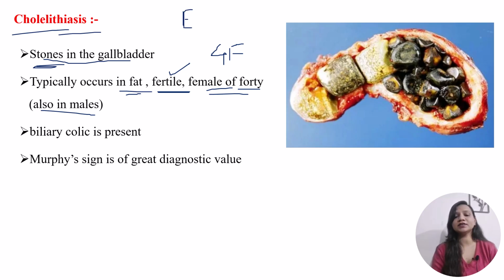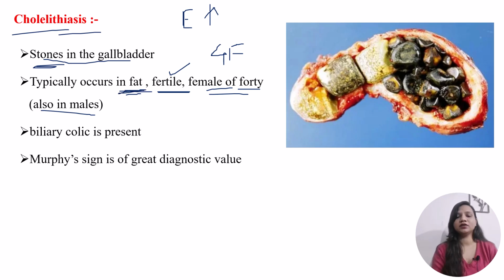That is, the bile is not being released from the gallbladder properly, and there is a bile stasis condition due to the high progesterone, which will lead to precipitation of cholesterol and formation of gallstones.